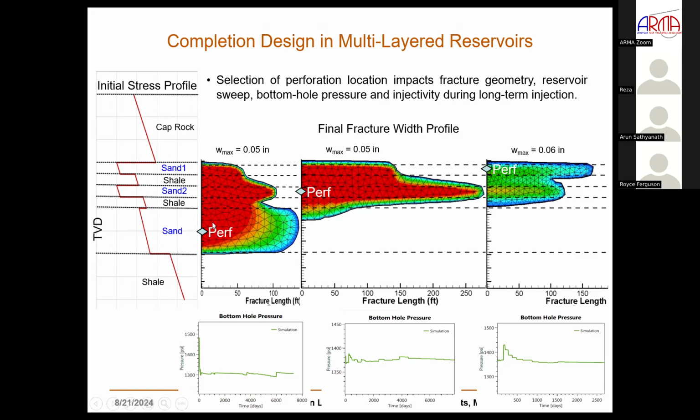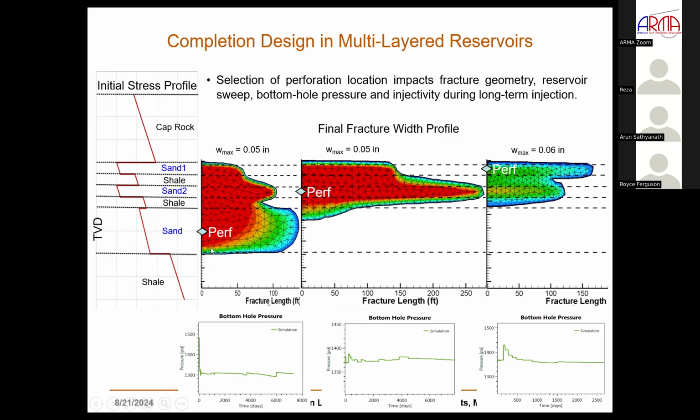As a consequence of this, where you place the perforations in the sand is quite important. So you place the perforations here, place the perforations there, or you place the perforations there. This can make the difference of a fairly significant commercial decision.